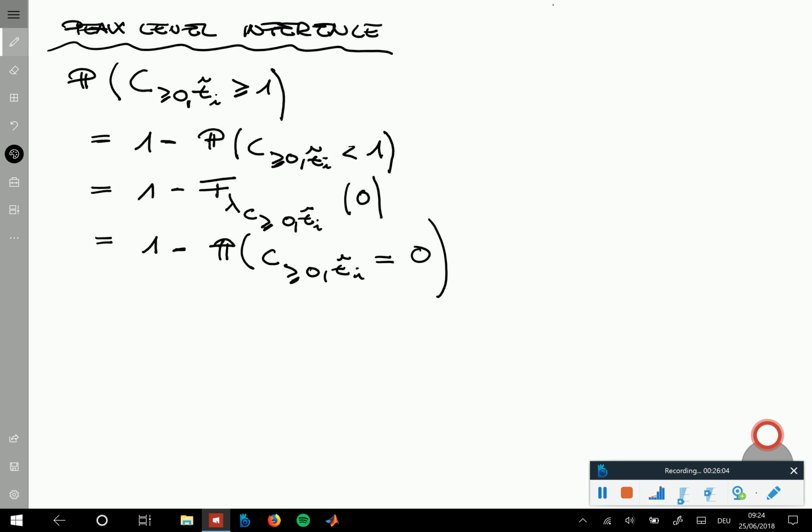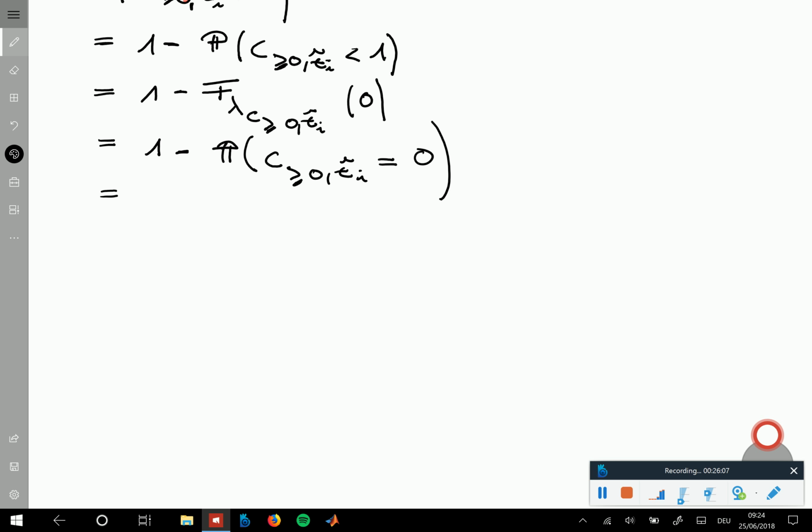And now again, of course, this corresponds to 1 minus exp of the expectation of the number of clusters to see at a threshold that is given by the maximum of our current cluster.